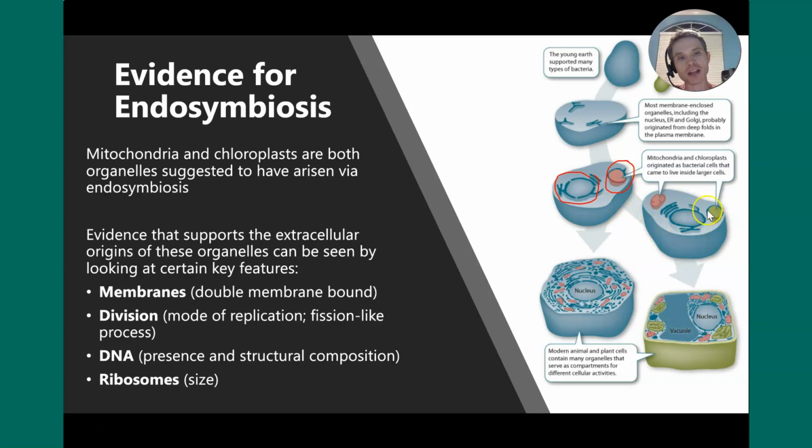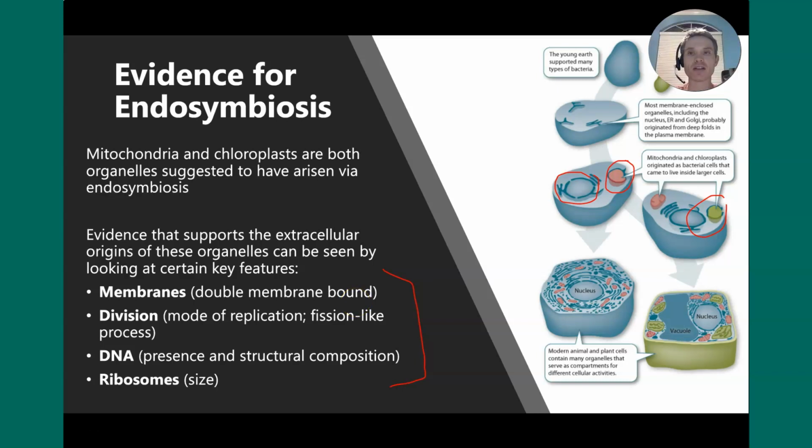Now, our plant friends went one step farther and they engulfed a second prokaryotic cell. And that cell has now become the chloroplast we see in plants. Scientists believe that this is the scenario by which we acquired these 2 organelles. And evidence to support this theory are 4.